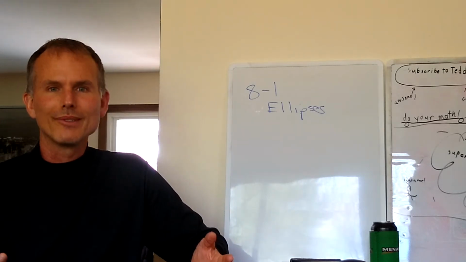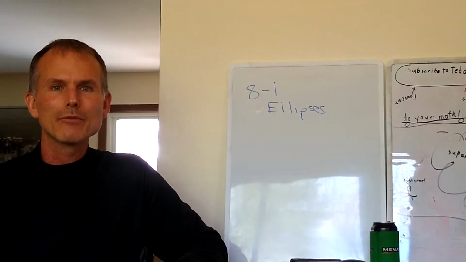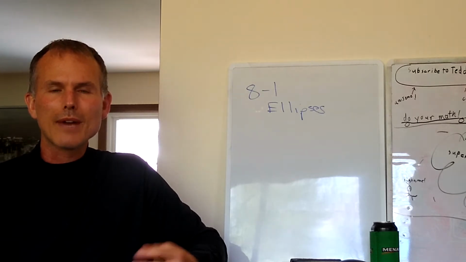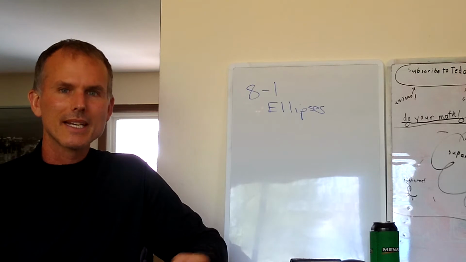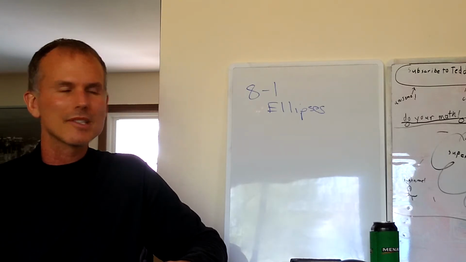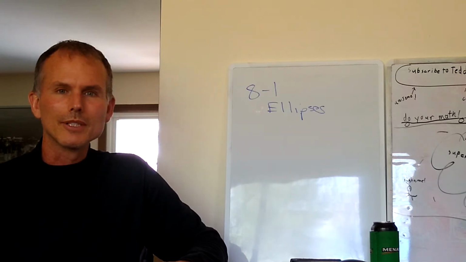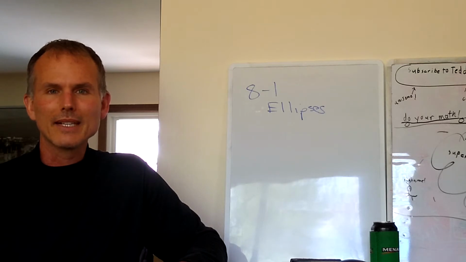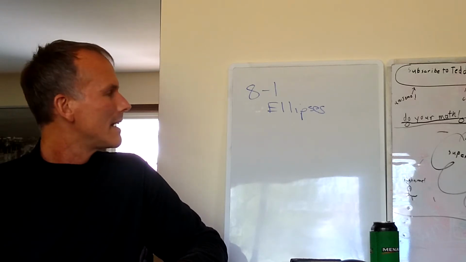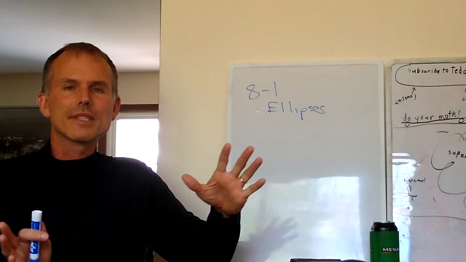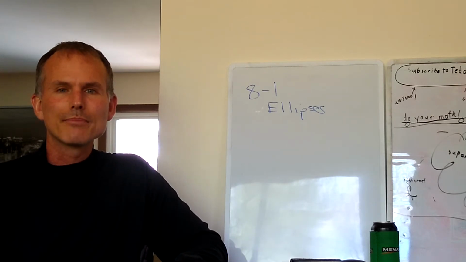Another one is a circle, which I'm sure everybody's familiar with. Then another one is a parabola. Again, I'm sure that everybody knows what a parabola looks like. And then finally a hyperbola, which you may or may not know what that looks like, but you will. But the first one we're going to do is called an ellipse.